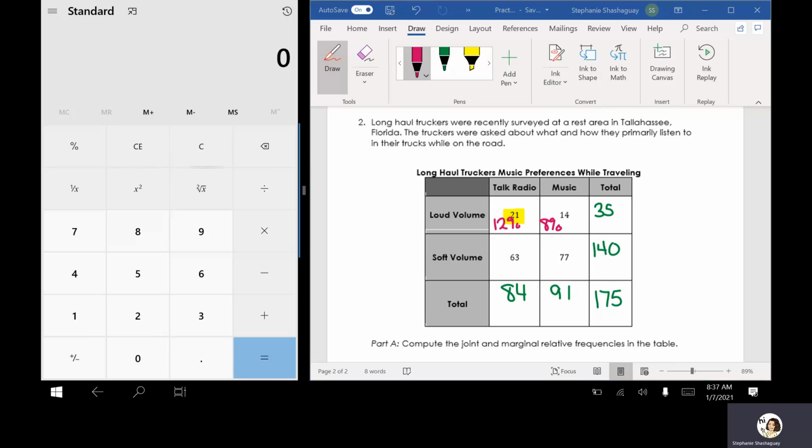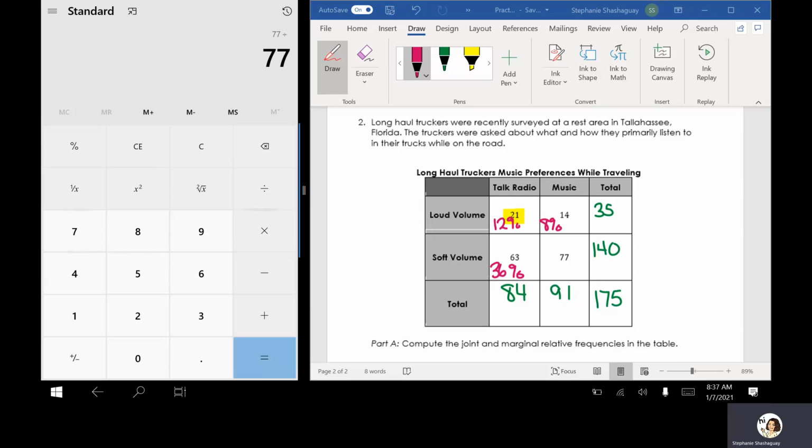We're going to do the next with talk radio. They listen to talk radio on soft volume. So that's 63 divided by 175 multiplied by 100, and I get 36%. Then I have the number of truckers that listen to music on soft volume, which is 77.